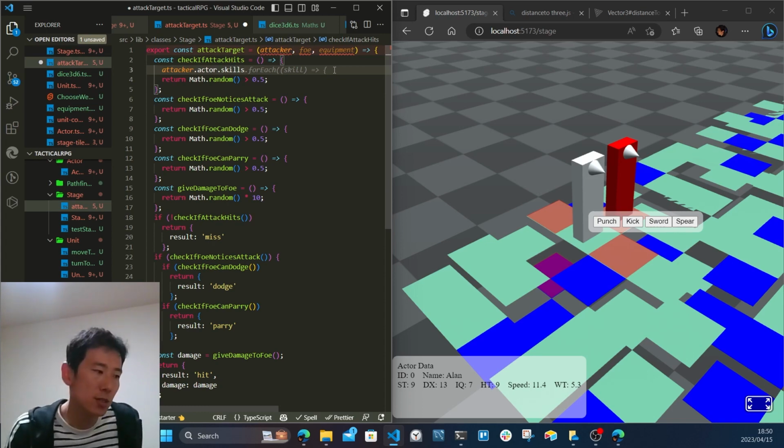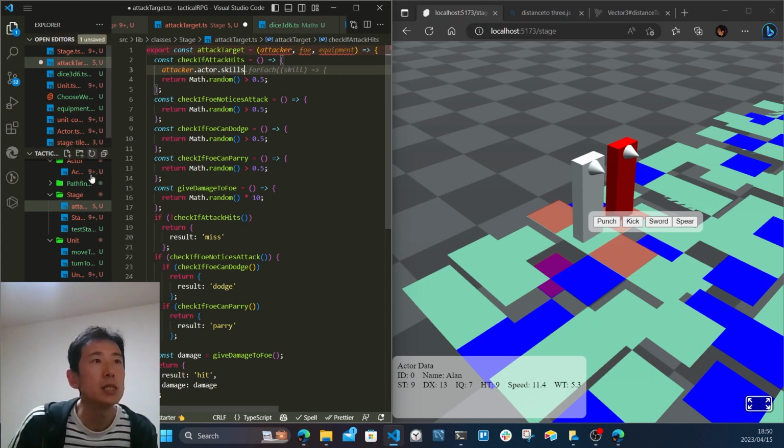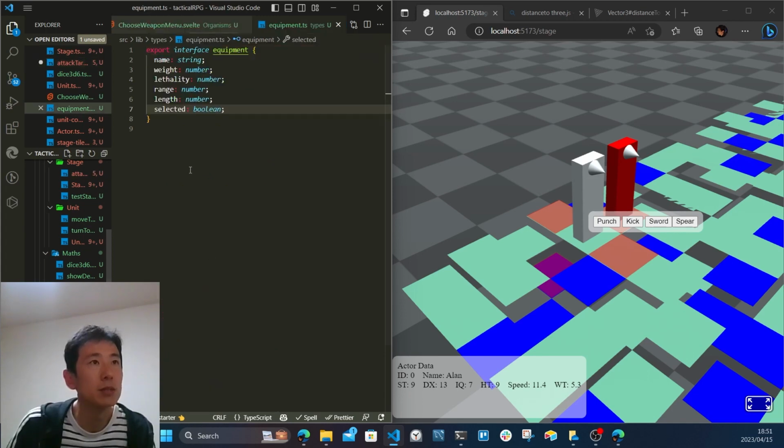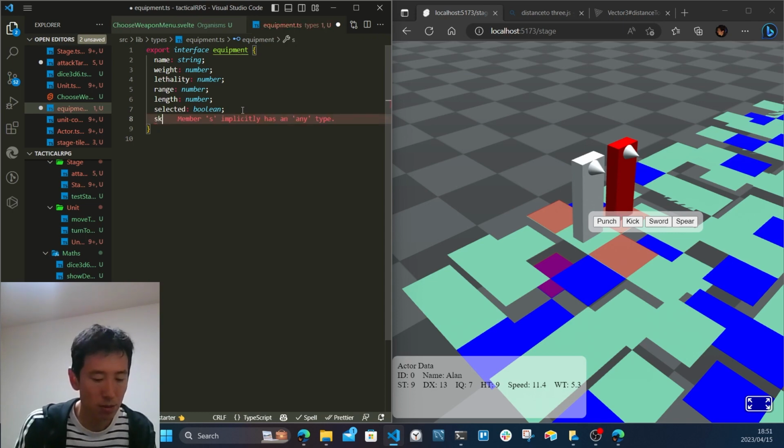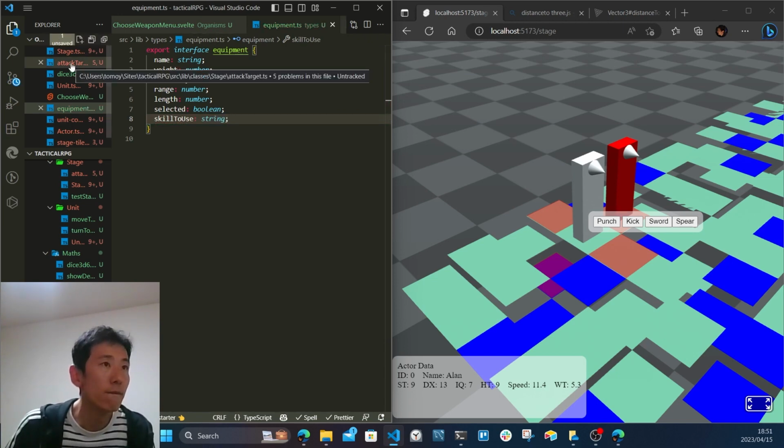Because if you're good at using spears, it's best you attack with spears, and if you're good at using swords, attacking with spears would have less possibility of hitting the target, right? So we have to get the skills. Each equipment would have a required skill to use, and that's a string, and the original unit component.